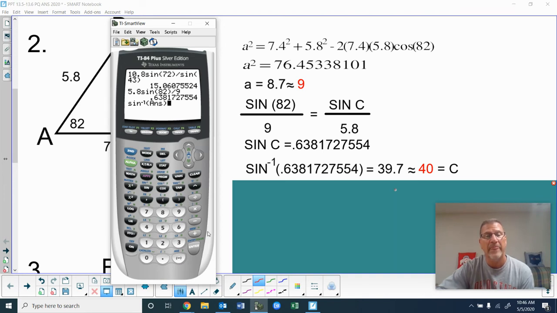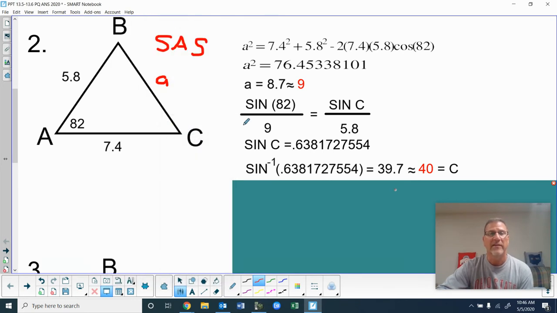Close it up. So there's that 39.7, and again, we're rounding to the nearest whole number, so that would be 40 degrees for angle C. All right, so hopefully you're getting that. Angle C is 40, so we put 40 there. Side A would equal 9.